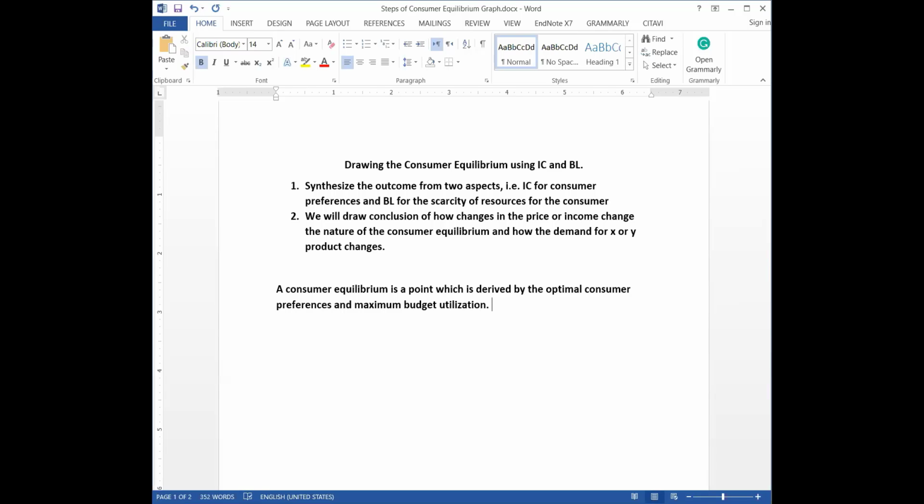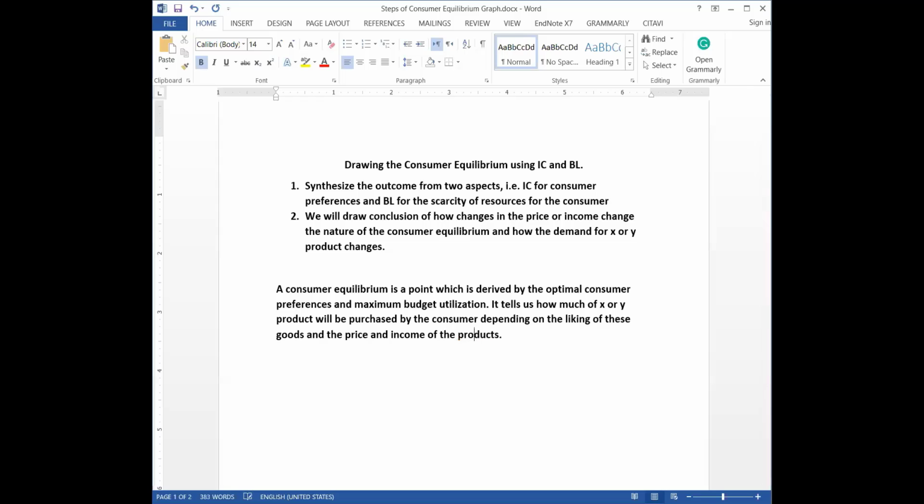So the graph will give us a point where the optimum preferences are selected and the maximum budget has been spent. It tells us how much of X or Y product will be purchased by the consumer depending on the liking of these goods and the price and income of the products.